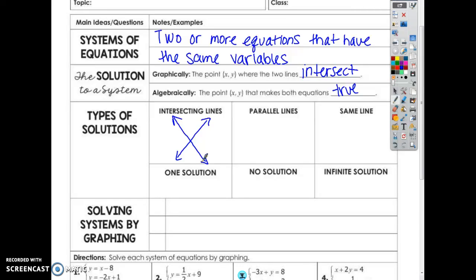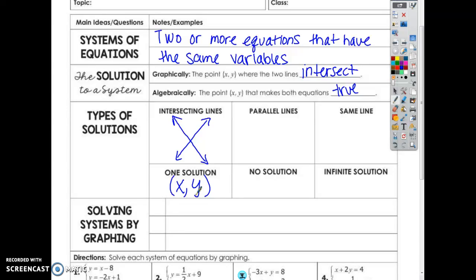What should their solution look like if they have one solution? It has an X, but it should also have a Y. It's going to be 1 point.